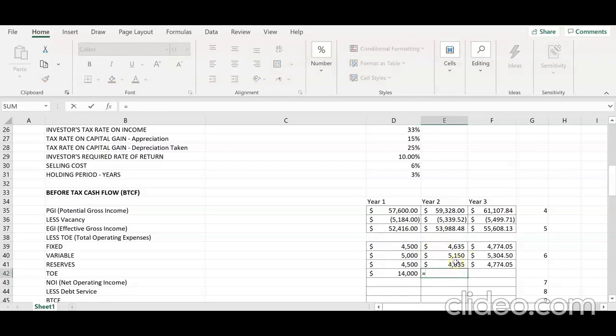Same as well, sum, then we drag these numbers down. Sum.